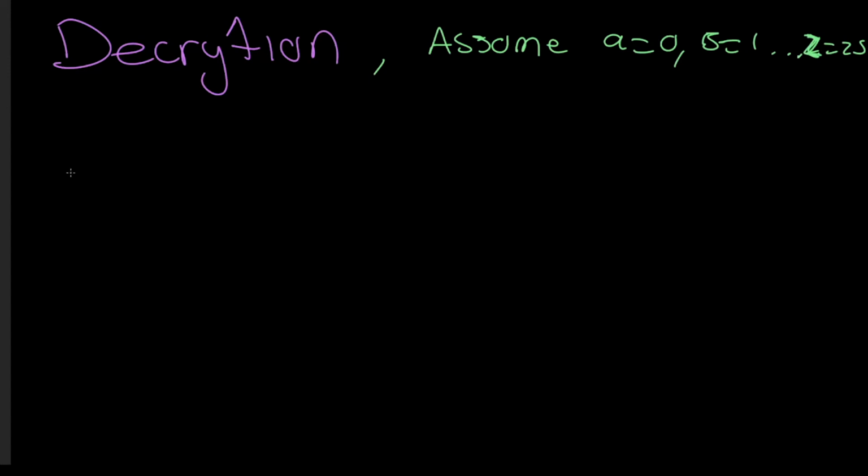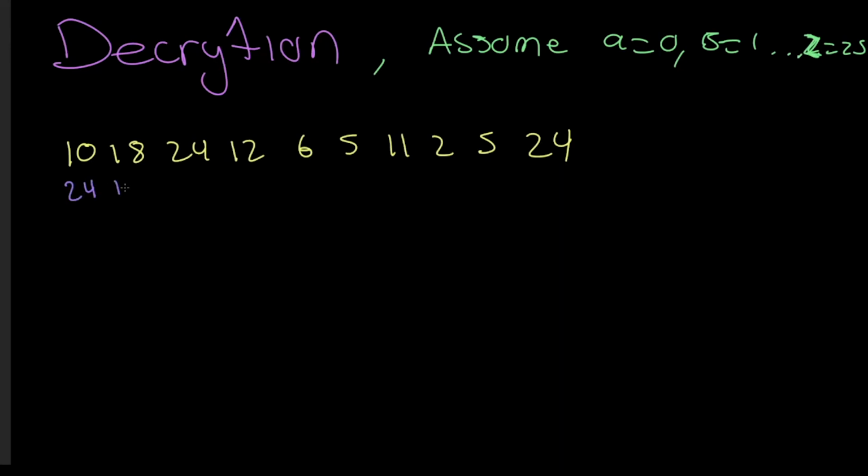So let's get started. We'll write out the ciphertext first, which was 10, 18, 24, 12, 6, 5, 11, 2, 5, and 24. Now we'll put the key, which was YouTube, underneath. So we get 24, 14, 20, 19, 20, 1, 4, 24, 14, and 20.